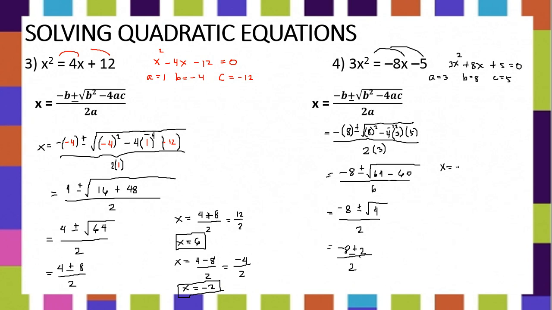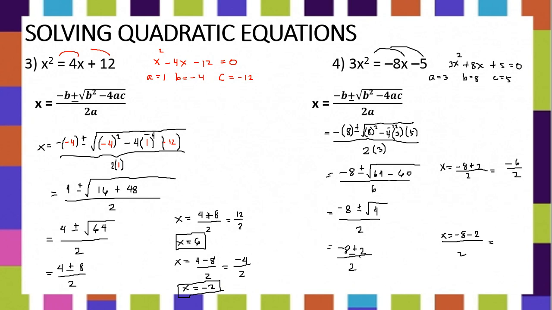X is equal to negative 8 plus 2 over 2. Yung isa, x is equal to negative 8 minus 2 over 2. Negative 8 plus 2 is equal to negative 6 over 2.